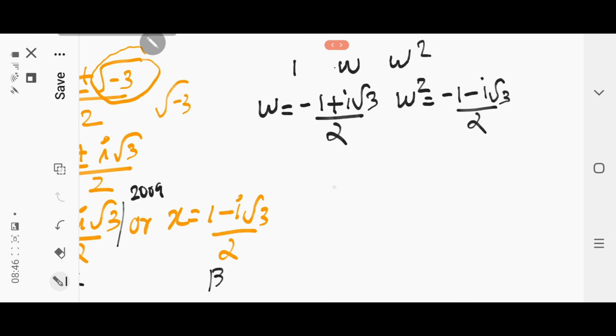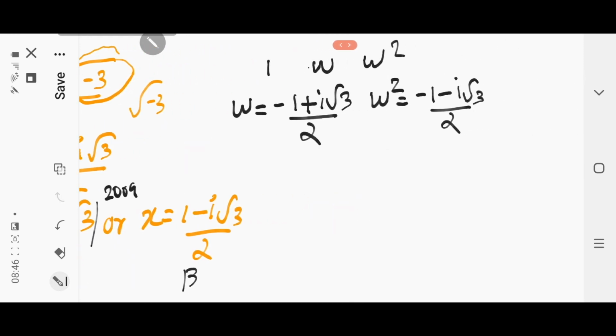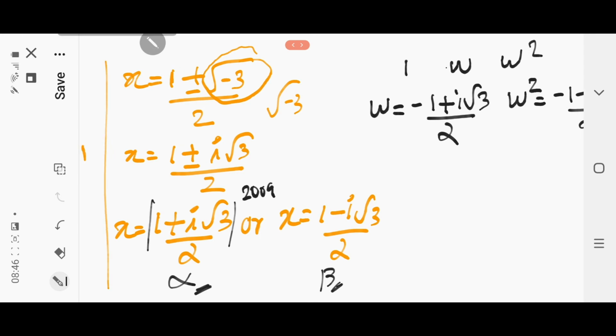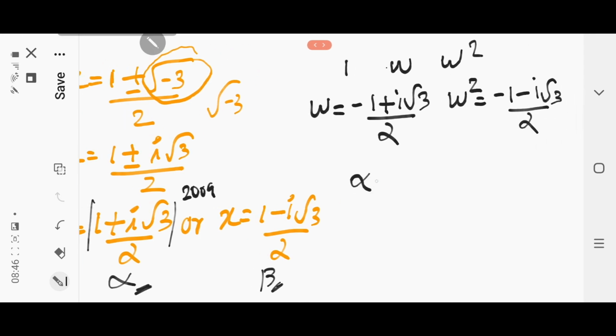When you go to this section, you got the two roots, right? One is alpha and one is beta. Alpha is equal to 1 plus i root 3 divided by 2. I can change this and write it as minus of minus 1 minus i root 3 divided by 2.